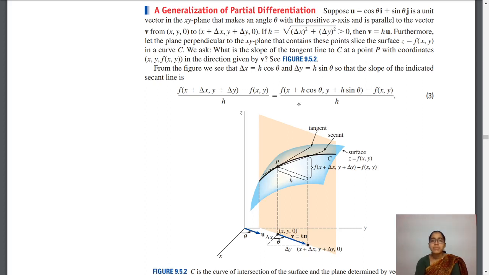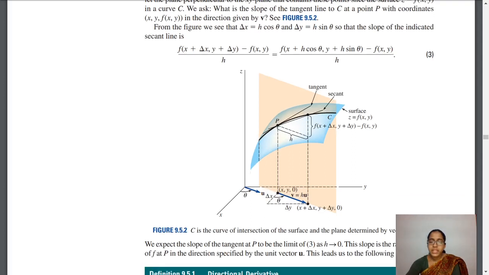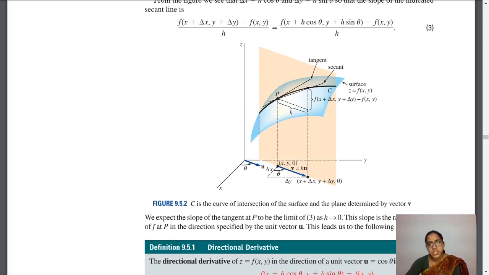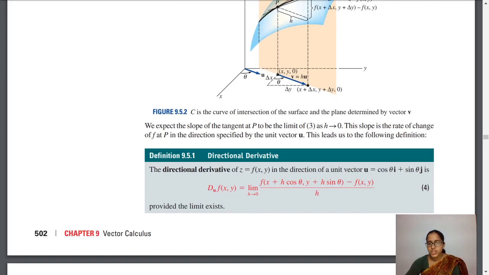Now, if we apply limit h tends to 0, this will give us the slope of the tangent at the point P to the curve C in the direction of the unit vector u. So this is how we define our directional derivative.